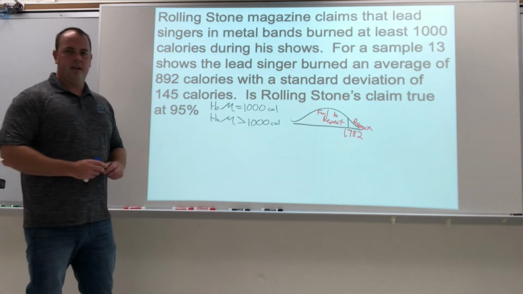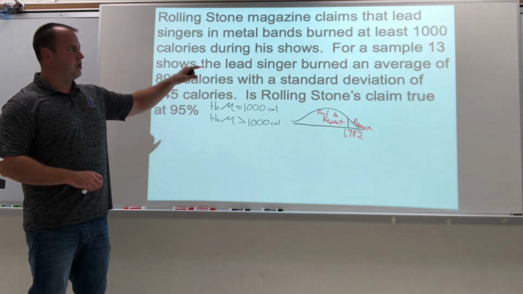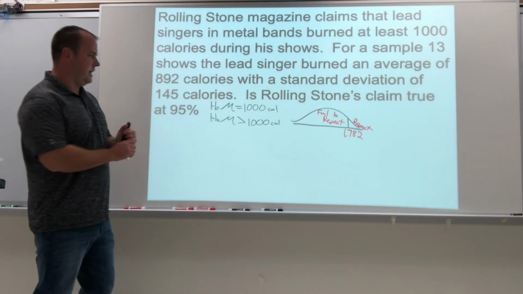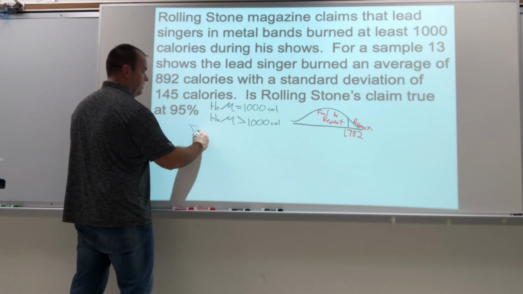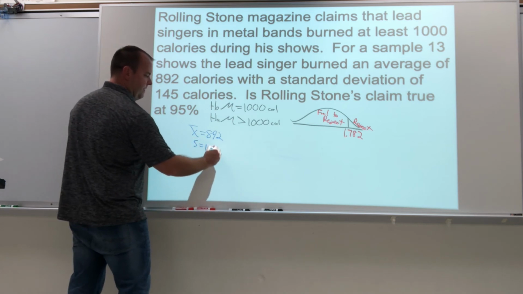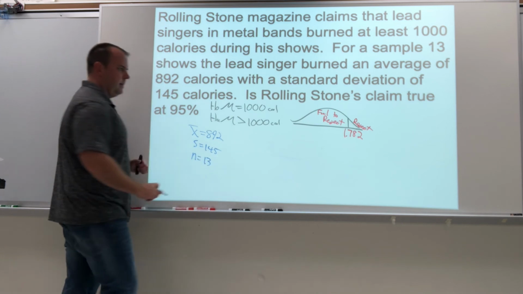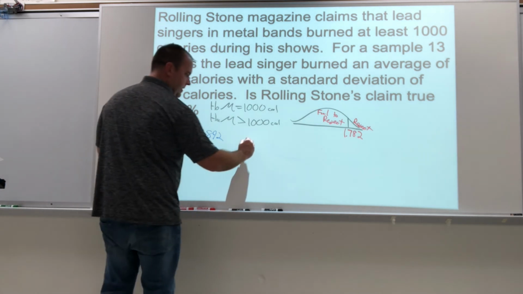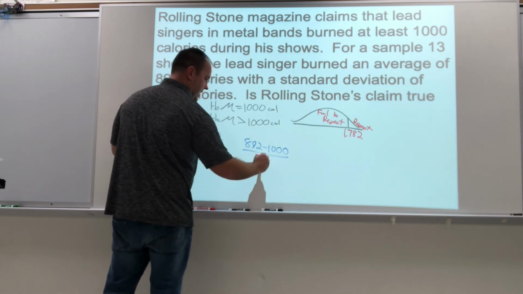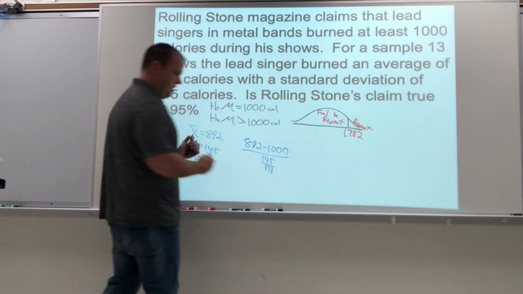Okay. And now this time, when I'm finding my test stat, we have all the information in here. It gives us summary statistics, the average of 892. So we have average equals 892, standard deviation is 145, and our n is 13. Okay, so if we plug all that in, 892 minus 1,000 divided by 145 divided by square root of 13.